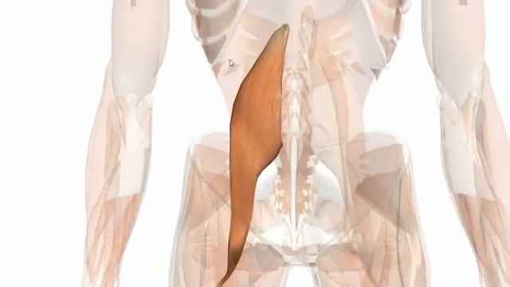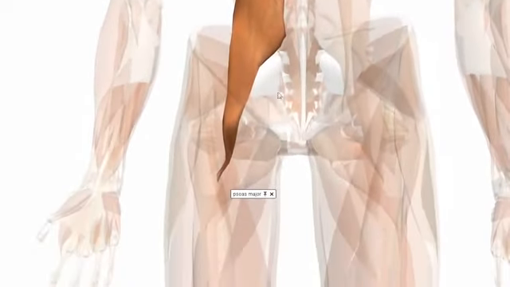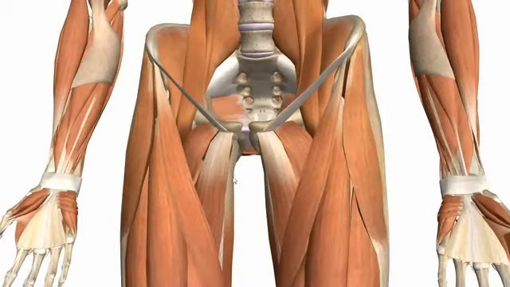They have this common insertion point on the lesser trochanter of the femur.